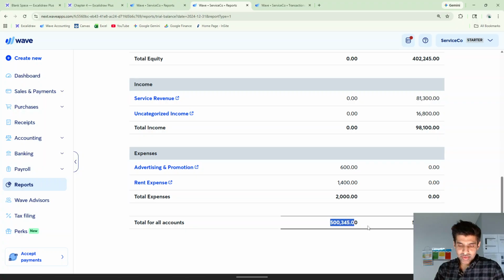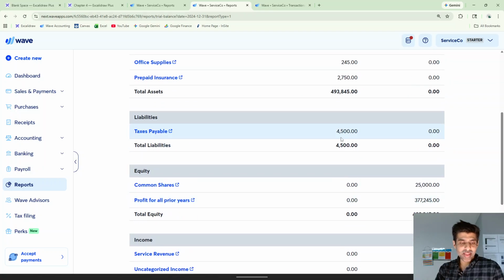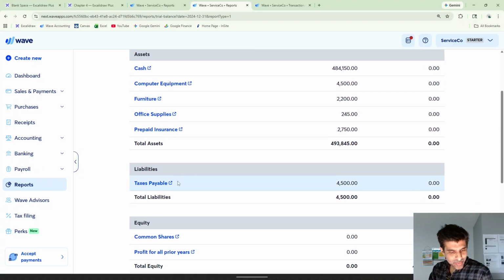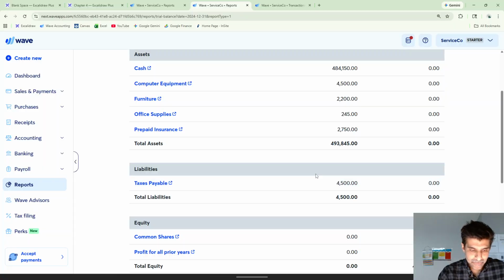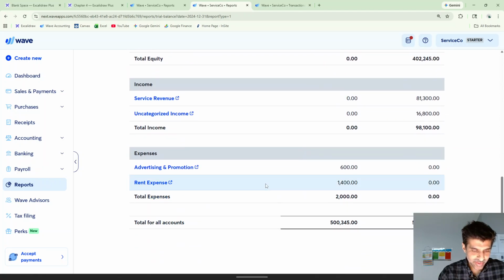You can still see here that it balances, even though I have this mistake. So I must have incorrectly debited accounts payable. Taxes payable. Yeah, I don't know. I got to go back and see what this is. I'm curious, but I'll do that later. Yeah, because I didn't take an expense for it.